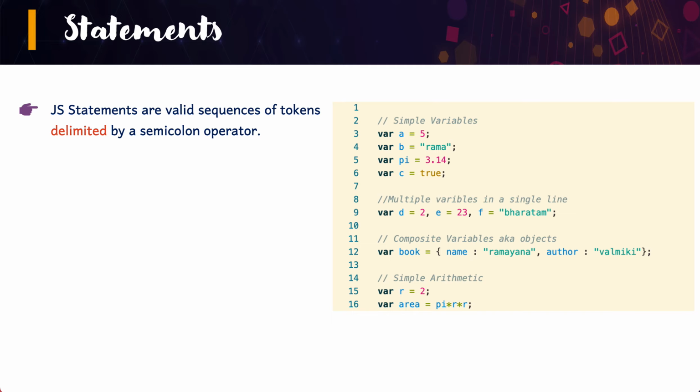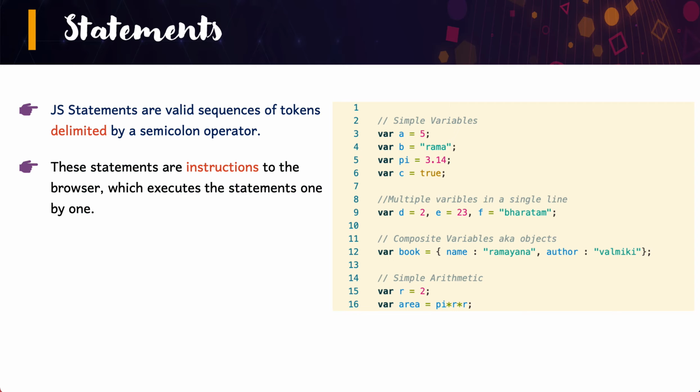So this is a complete statement that the JavaScript interpreter can execute. This is essentially a valid sequence of different tokens that together make sense. Now pay attention to the word delimiter. A delimiter is a character that separates two valid statements.